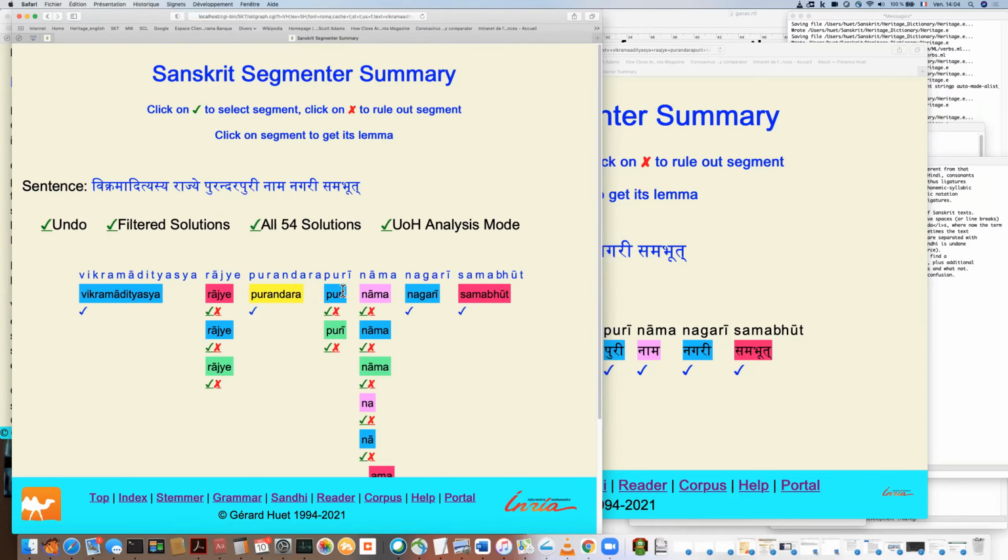Purandarapuri, and now you have the choice between this feminine form of Pura in the nominative pratama and so on. Or this one, it's green, so it's a vocative. So you're not talking to the city, yes?